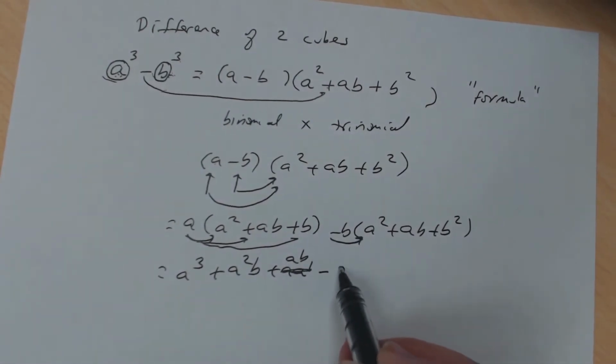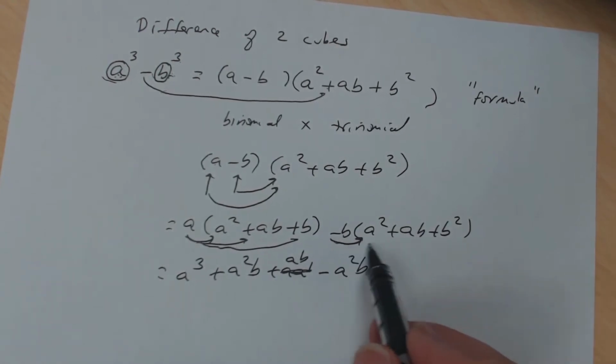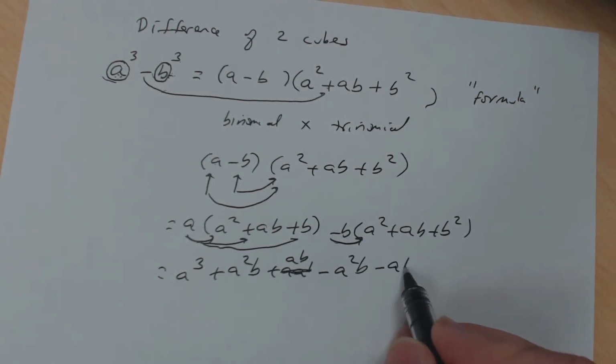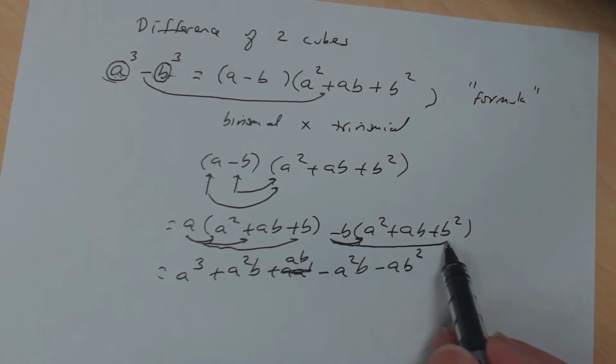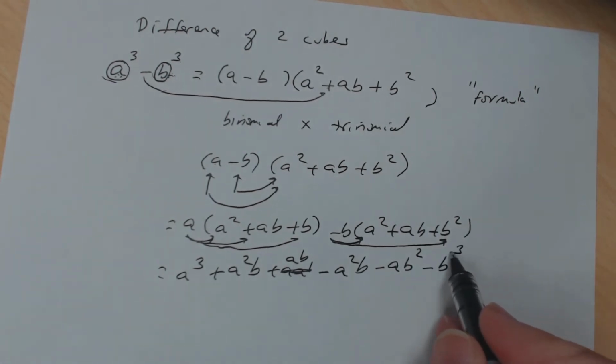And over here, I'm going to distribute the negative b. So I'm going to get negative a squared b. Over here, a negative b times a positive ab is a negative ab squared. And over here, a negative b times a positive b squared is a negative b cubed.